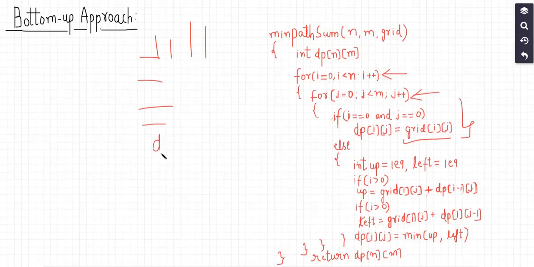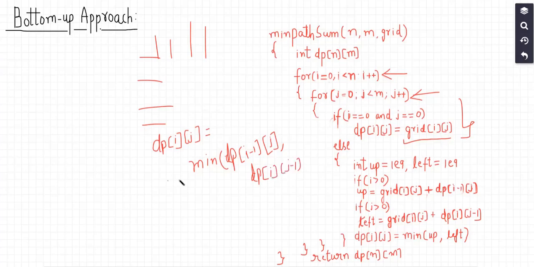If dp[i][j] represents the minimum cost to reach the cell i, j from 0, 0, then I would like to know the minimum of the min cost path of the cell which is just above it, that is i minus 1, j, and the min cost of the cell to the left of it, that is dp[i][j minus 1], plus the value at the location that we have here, grid[i][j], and that's how we compute the result for a particular cell i and j.